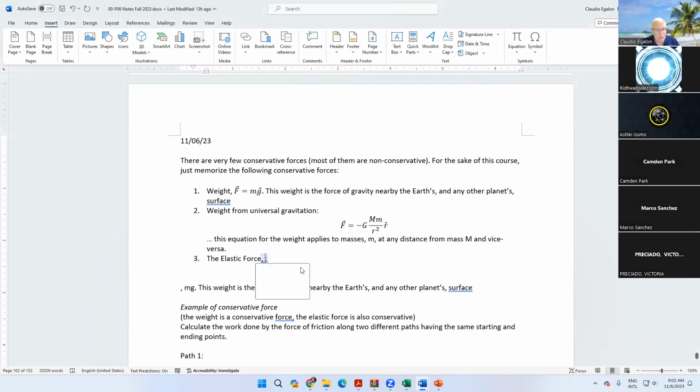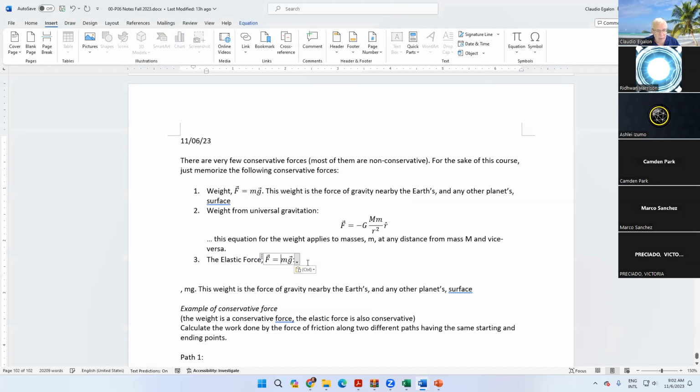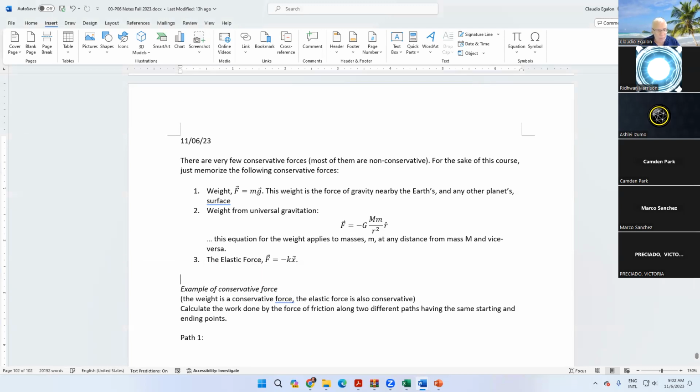The elastic force is going to be given by a minus sign, a k, and a vector position from the equilibrium position, from the position of equilibrium.